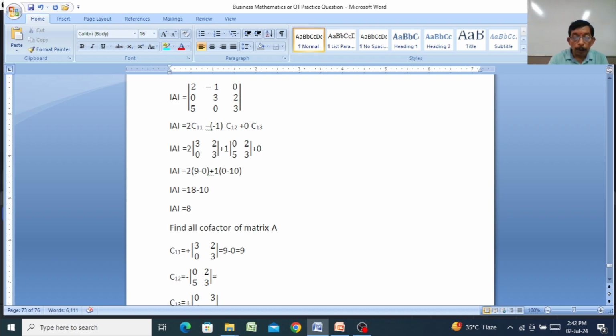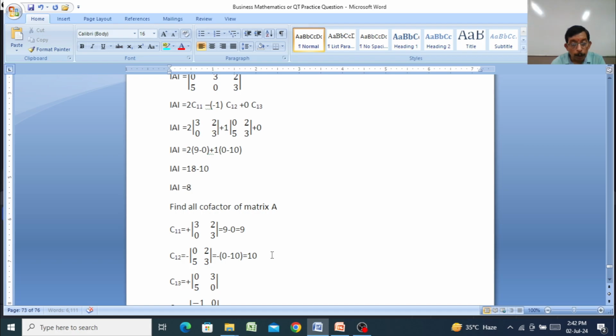Taking the minus sign, start the bracket, 0 into 3, the value is 0, and minus 5 into 2 is 10, bracket close, then the value is equal to 10. Next, 0 into 0 is 0, minus 5 times 3 is 15, the result is minus 15.